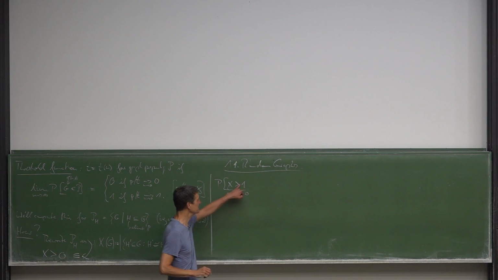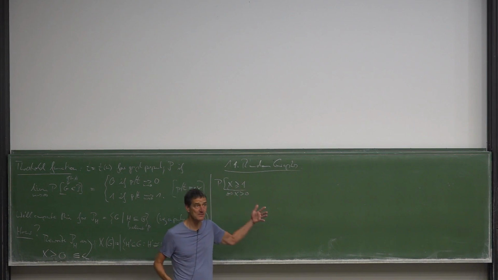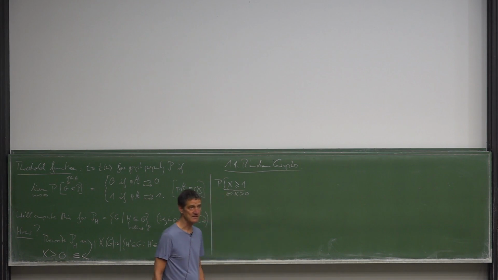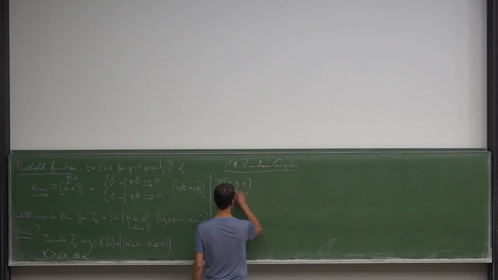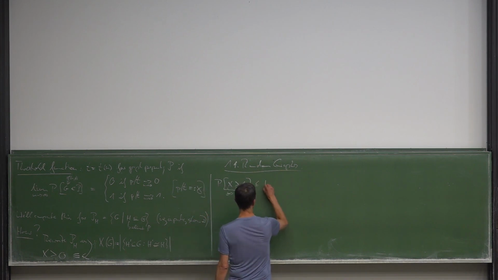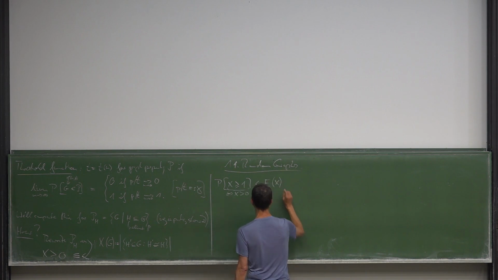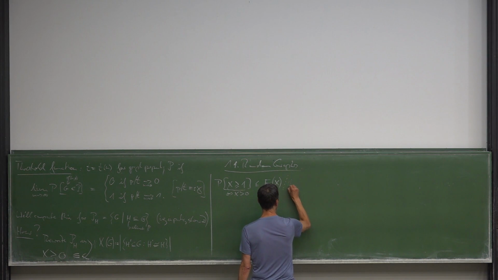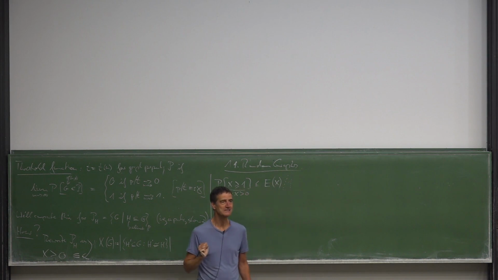Sometimes I need this, sometimes I need that, but of course they're the same because X is integral, so the values of X are natural numbers. So the probability that X is at least 1 is bounded above by the expectation of X divided by 1. That's Markov.